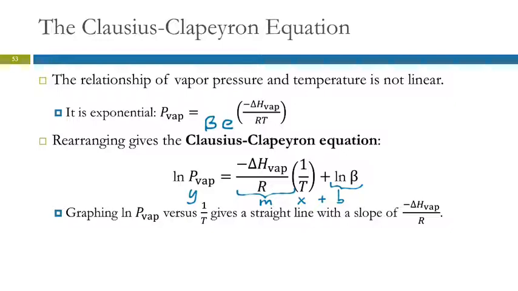The slope is going to be equal to negative delta H over R. And so you can graph data, you can measure the vapor pressure at various temperatures, graph the data, and calculate the heat of vaporization for that substance.